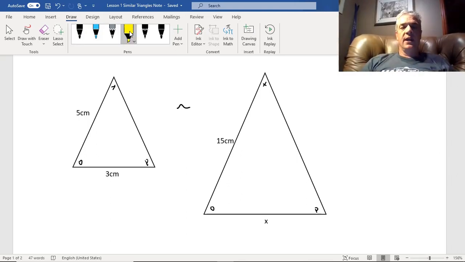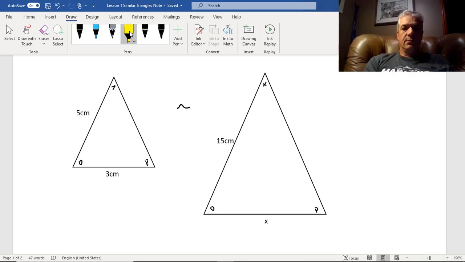What I'm going to do is show the corresponding similar sides in each triangle. So I want to say this side here in this triangle, which I'm going to highlight in yellow, has a corresponding similar side over here.